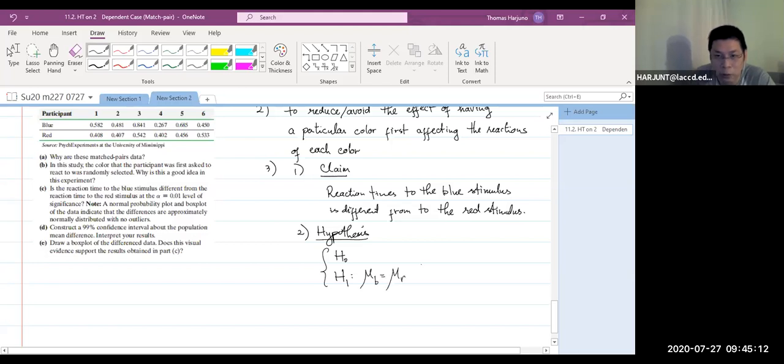That's the original one, right? Okay. But then we modified that, it will be mu for blue minus mu for red, not equal to 0. But because this is a match pair, we will go further. We will call that the mu of the difference. Okay, and then from there we see that that's a two-tailed test.